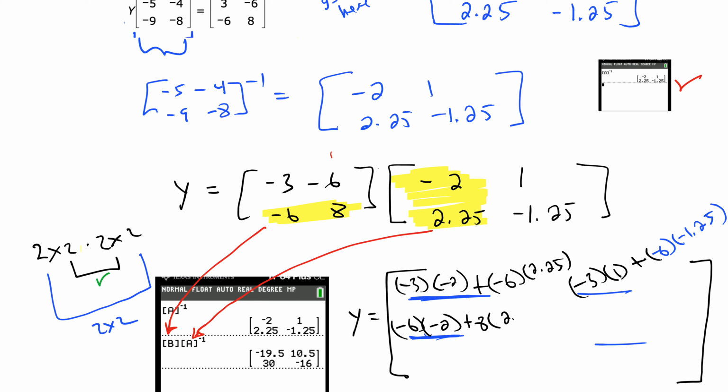Then we're on to the bottom right. -6 times 1, plus 8 times -1.25. Okay.